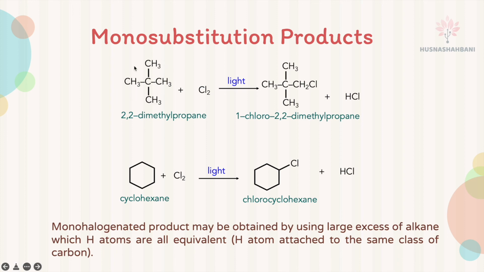The same goes for cyclohexane: all carbons are secondary, so the hydrogens are secondary hydrogens. This chlorine cannot be selective because it can replace any hydrogen. That's what it means by hydrogen atoms being all equivalent: they are attached to the same class of carbon.